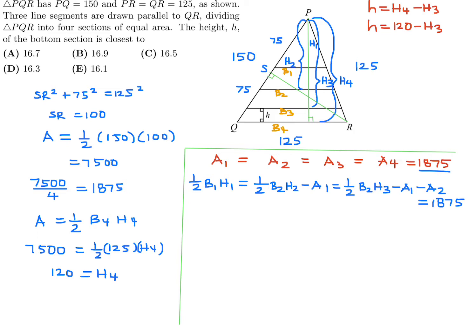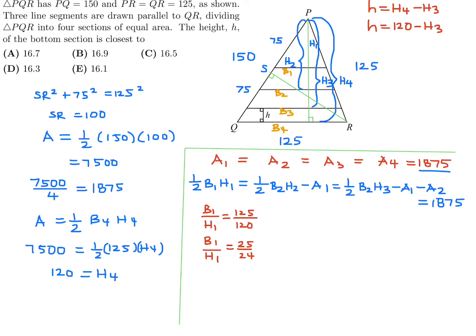This triangle is similar to that triangle right there. Using similar triangles, B1 over H1 is equivalent to 125 over 120, where this is 125 and this is 120. If we reduce this to lowest terms, B1 over H1 is 25 over 24.